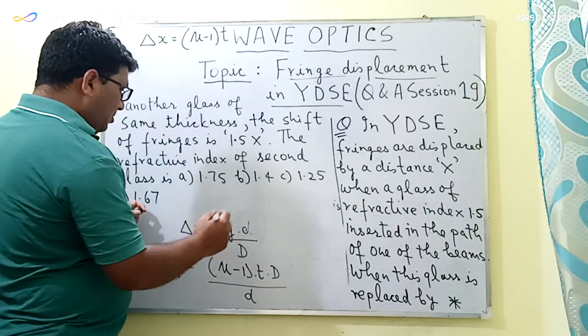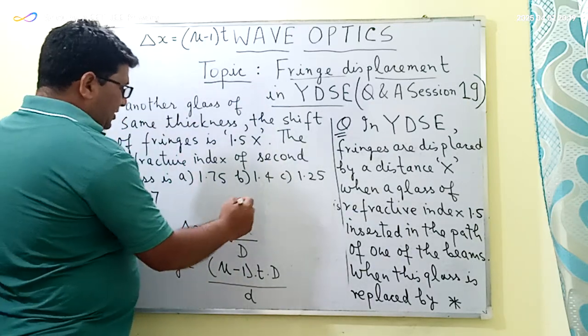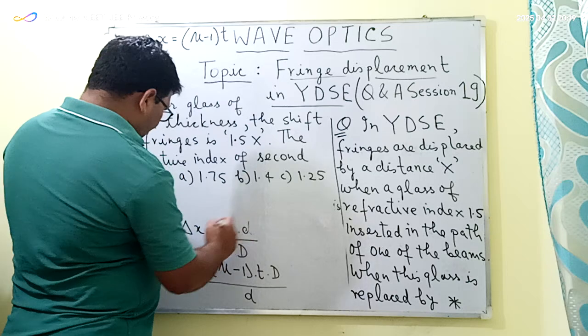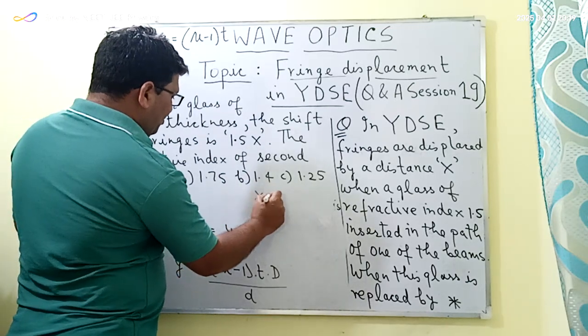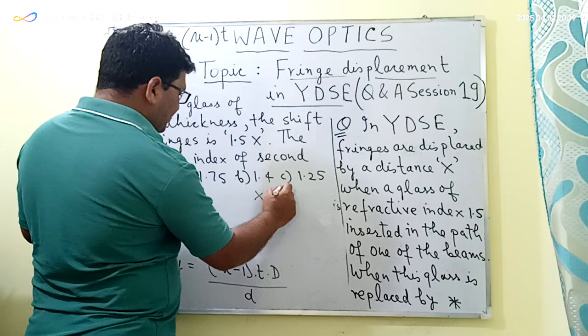So in the first case, the fringe shift is equal to x, so x is equal to mu minus 1.